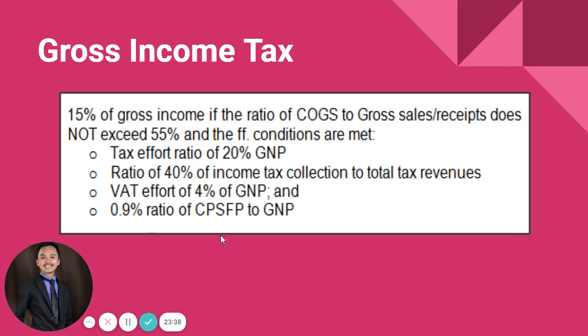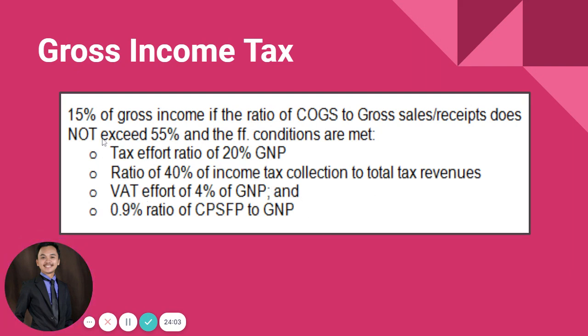But usually, guys, what is presented in the problem is the test of your ratio of cost of goods sold over your gross sales. So the common computation in most problems is just the 55%, no? So the assumption in the problem is that these conditions are met already.